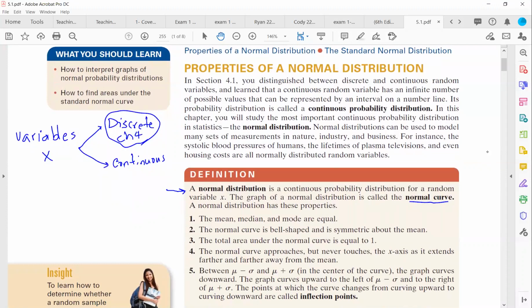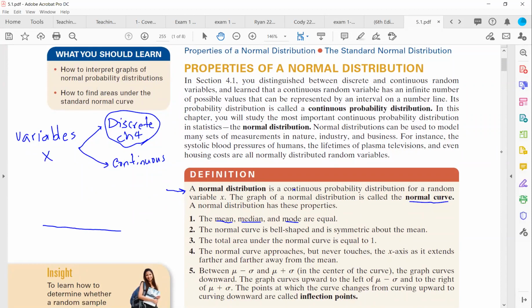First of all, the mean, median, and mode, they are all equal to each other. So when it comes to a normal distribution, if they ask what is the center, you can describe the center as mean, median, or mode.